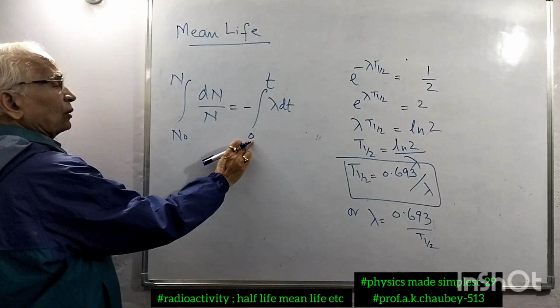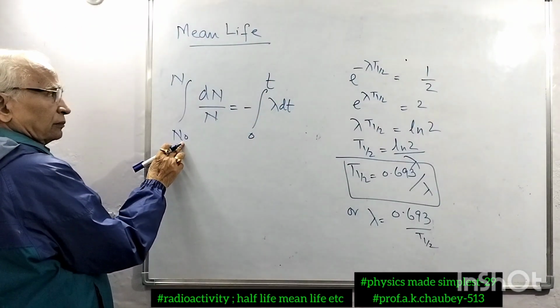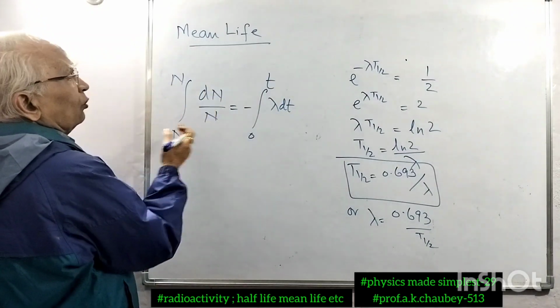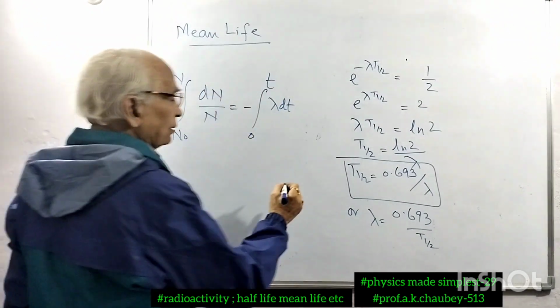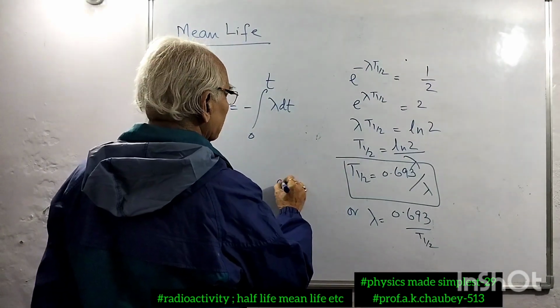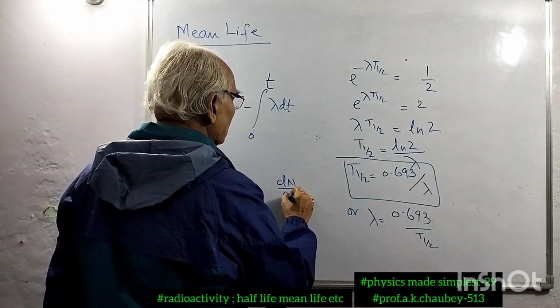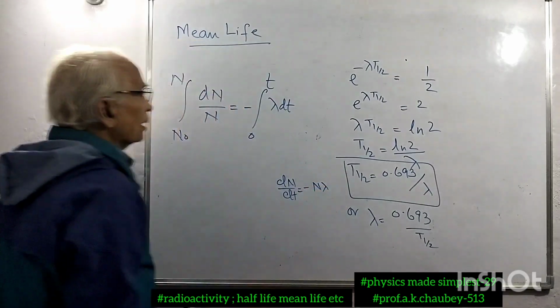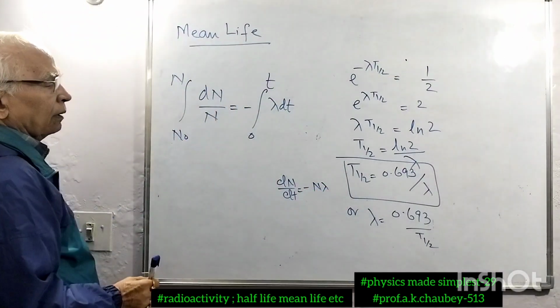At t equal to 0, the number of nuclei is n0. At any time t, the number of nuclei is n. So dn over n, from the same equation, dn over dt is equal to minus n lambda.